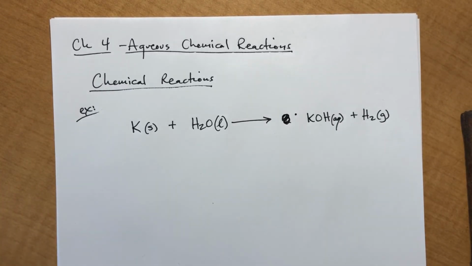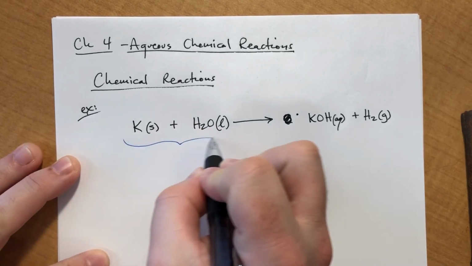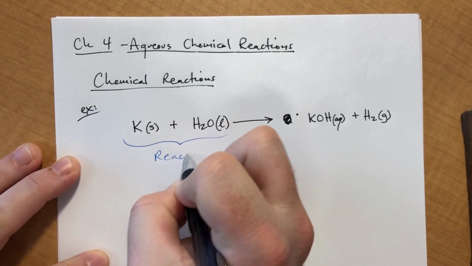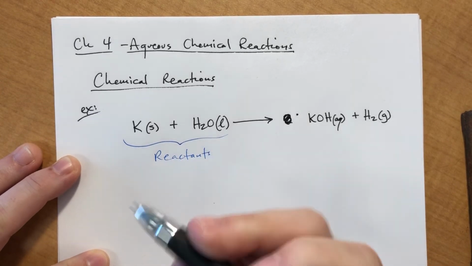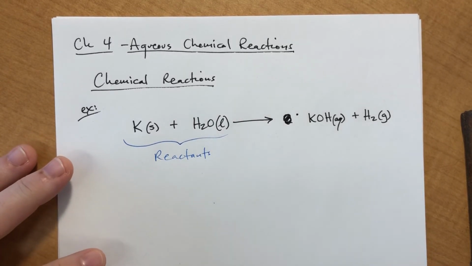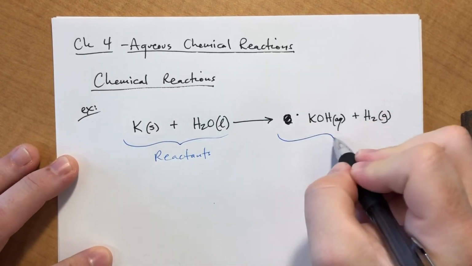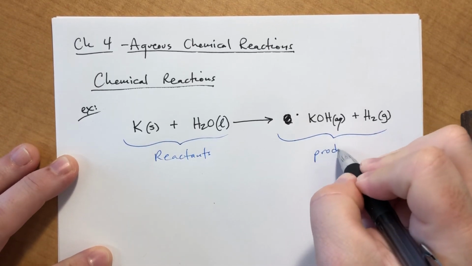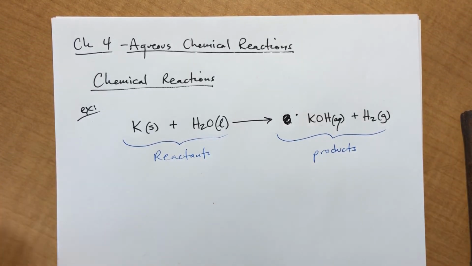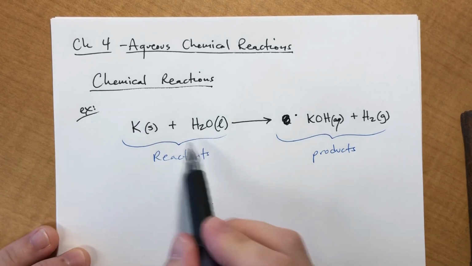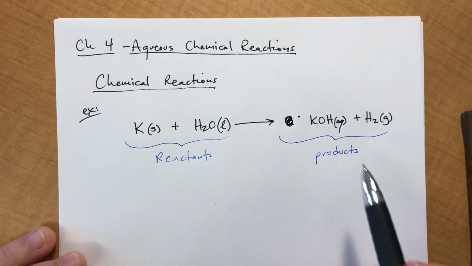A couple things to point out here. The left side of this arrow is called the reactants, and we will refer to it as such throughout this entire semester. The right side of this is called the products. These are the things that are reacting, and these are the things that are produced during the reaction.